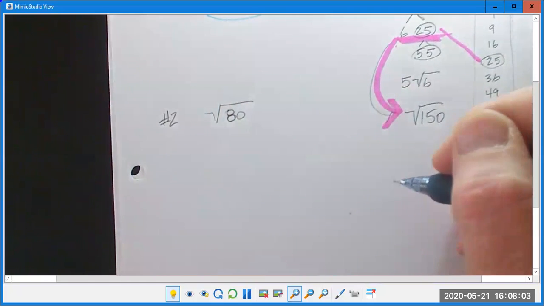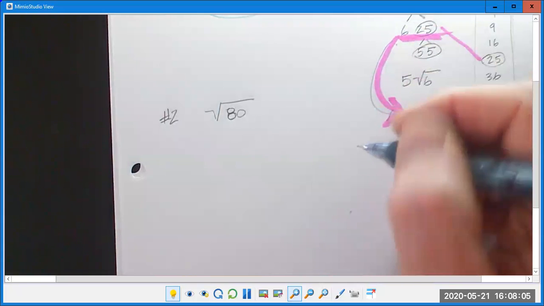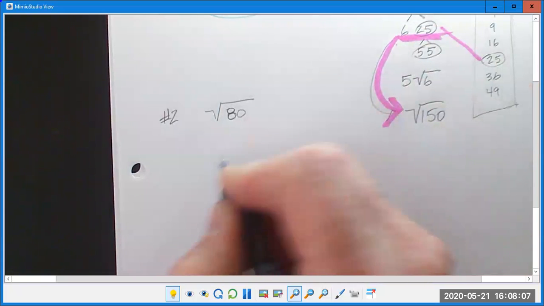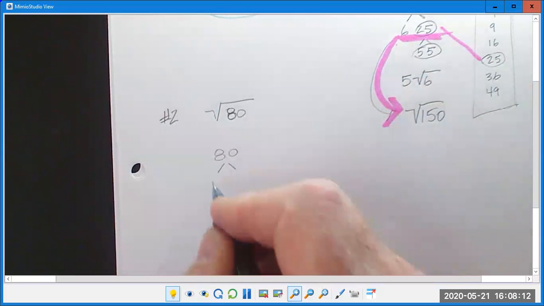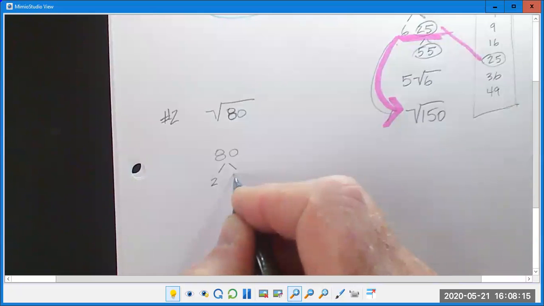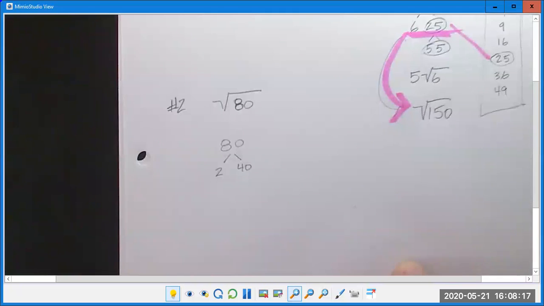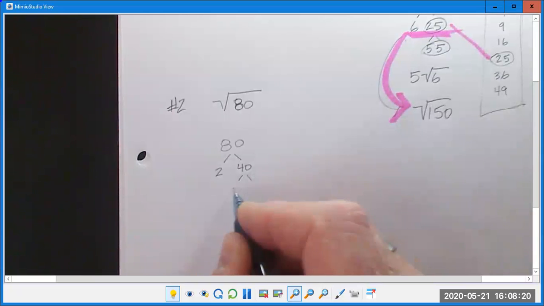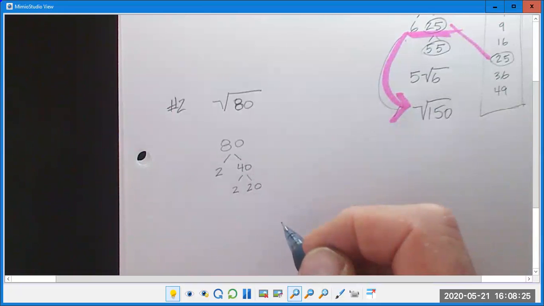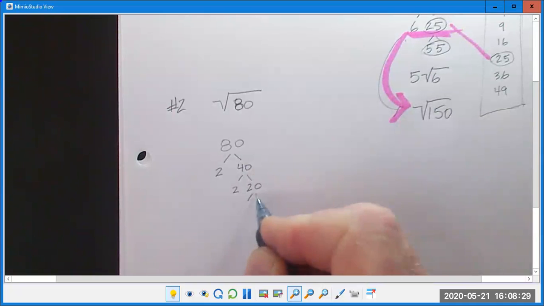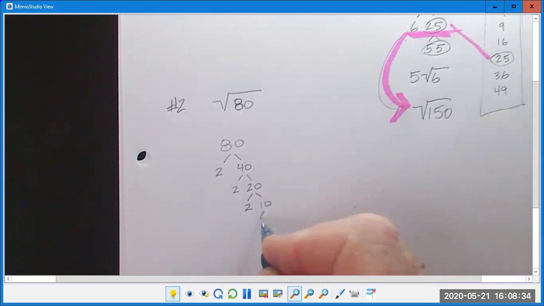So I'll do another one of these as if I'm breaking it down to the factor tree. All right. So if I have 80, I always know that it's divisible by 2. So 2 times 40. Then this is 2 times 20. This is 2 times 10. And this is 2 times 5.